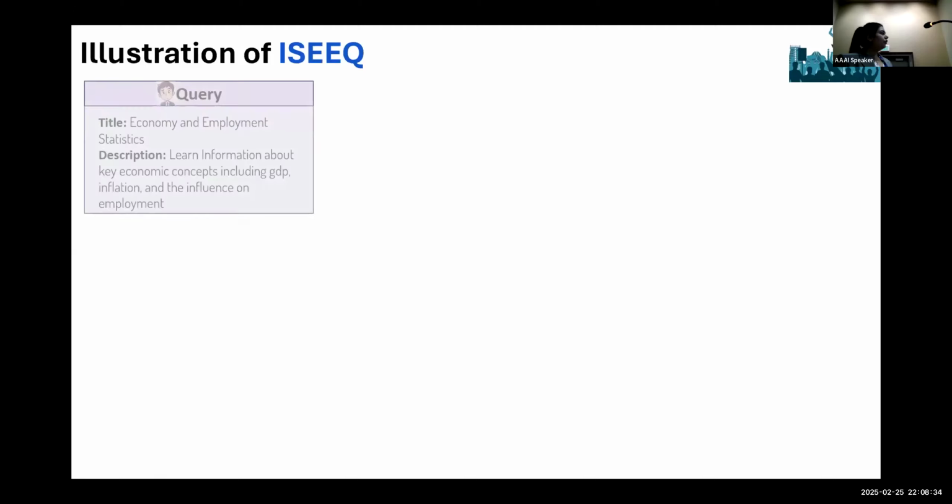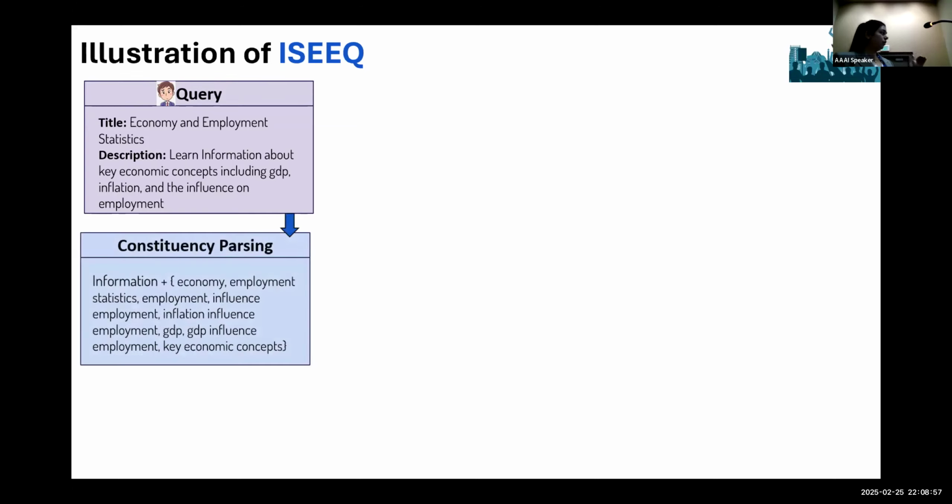This is an illustration of the iSEEK paper, which was published in 2020. If we provide a query, like give me a description about GDP, inflation, and the influence on employment, this query can have several steps to reach a conclusion.